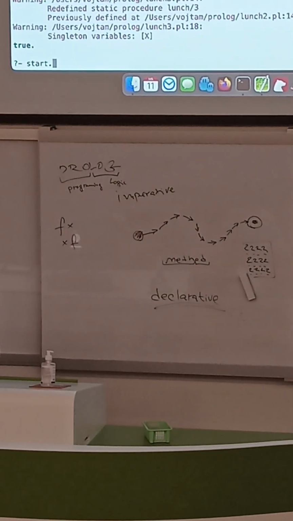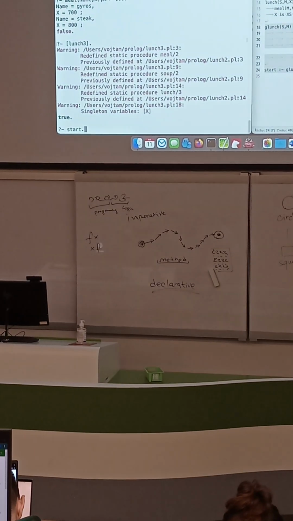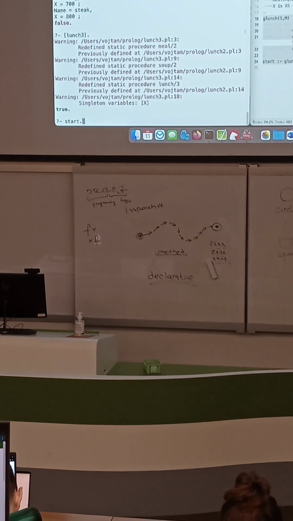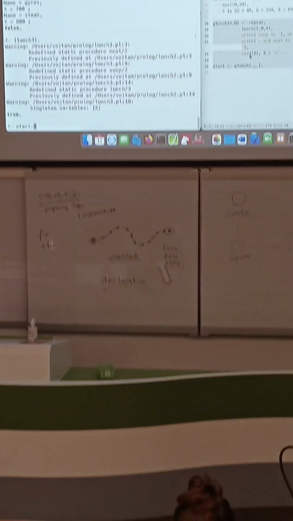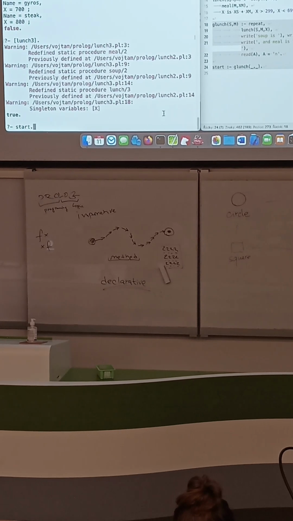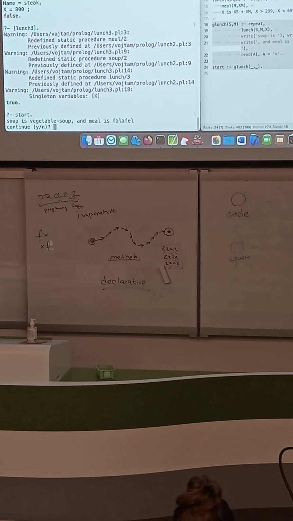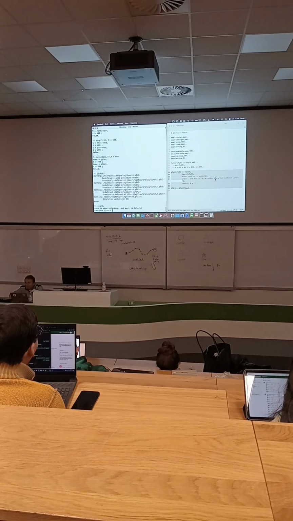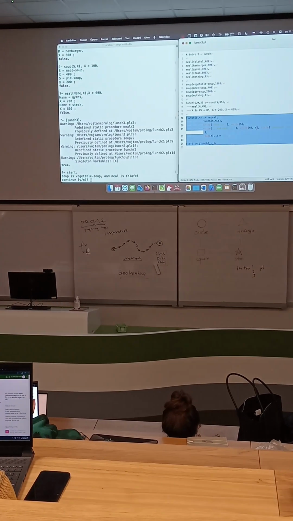This means good lunch, any value, and this command will start. Look, write, read, cycle. So it will be like a program. Start. Soup is vegetable soup and meal is falafel. Soup is vegetable soup and meal is new line. This is new line. Right. Continue. Read.